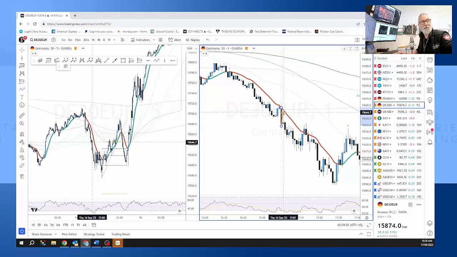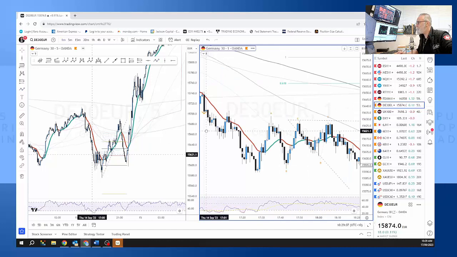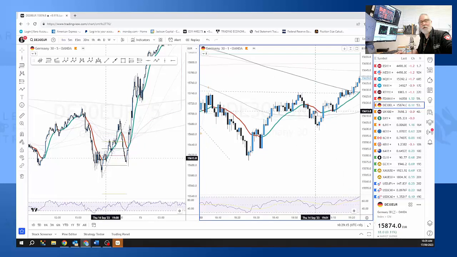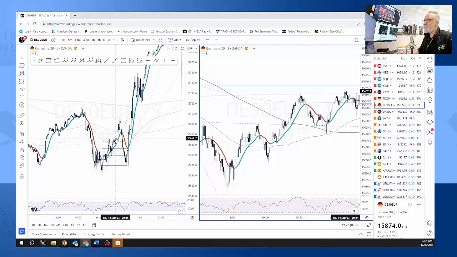And I've noticed this quite a bit, that if it does pop through, it will come back and touch it, right? See here, it touches, bam, through, comes up and comes close to it. All right, so that's a possibility to consider if it's already on a leg going.